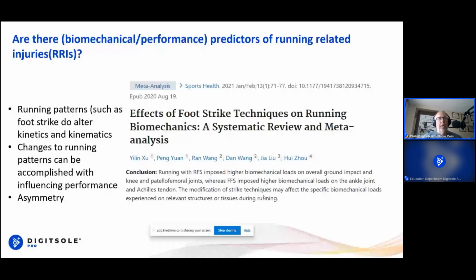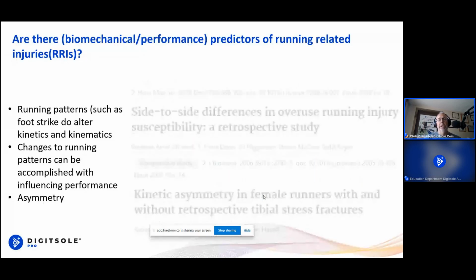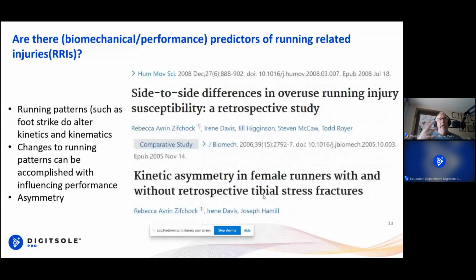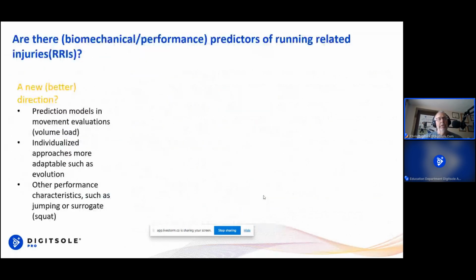Do those things alter enough to create an increase in injury risk? I think it could, but you need the data to show that. In other words, we need to see some of these abnormalities, one of which is going to be asymmetry. And I've shown that in some of my presentations, where as you start to see an increase in asymmetry, like in a lot of my earlier research, we looked at asymmetry with regards to performance.